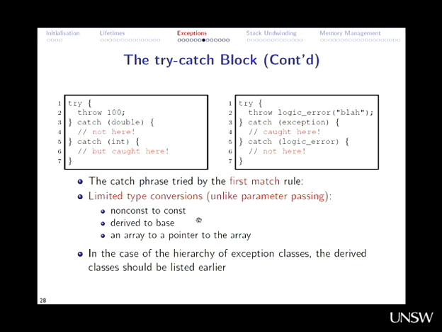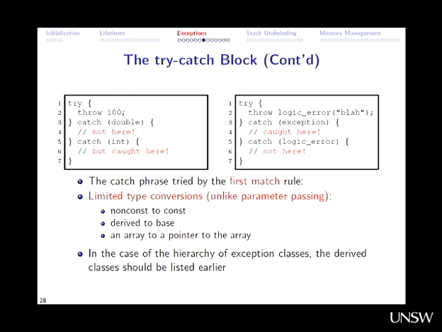Non-const can be converted to const. Derived classes, so if we saw class B inherits from class A earlier, okay, they can be converted to a base class. An array to a pointer can be converted, okay, but there's not the standard sort of type conversion that you'd expect in the same way as when you're calling functions.